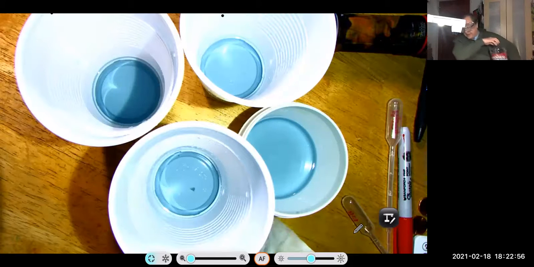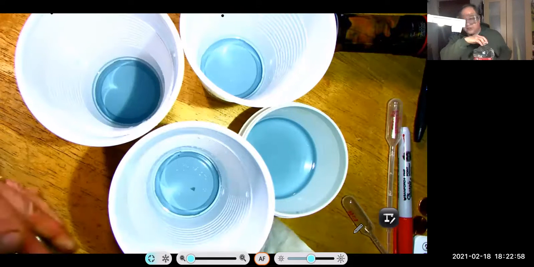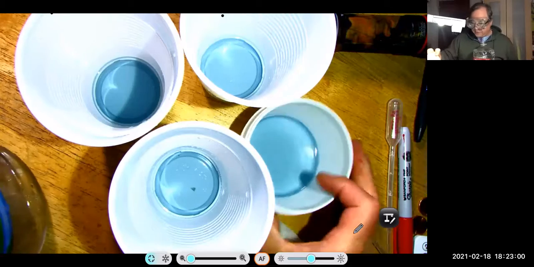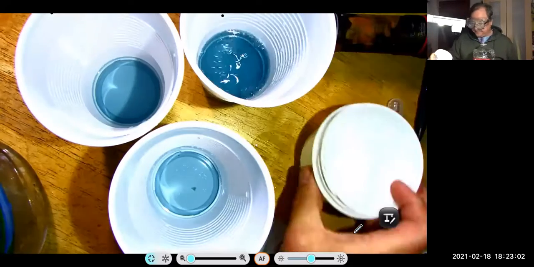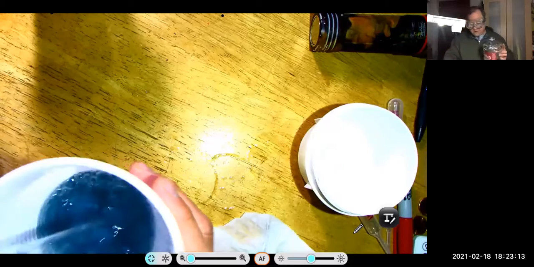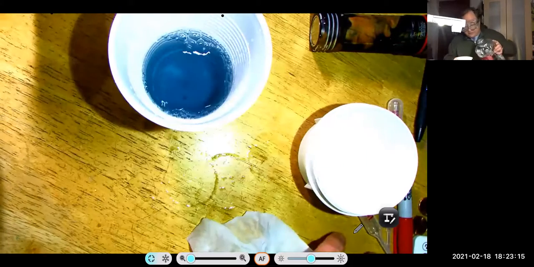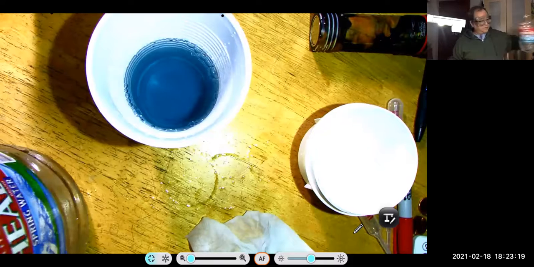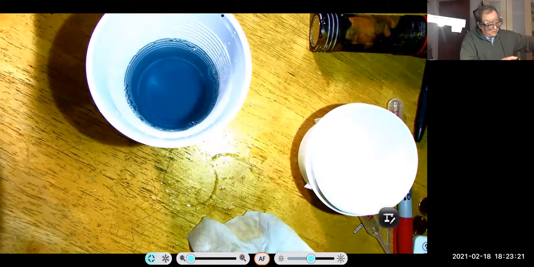I'm going to go ahead and make my solution just a little more dilute. So I'm going to put them all in the same container. That way they all have the same concentration of indicator in there. And so that's a little more dilute. Put a little in there too.